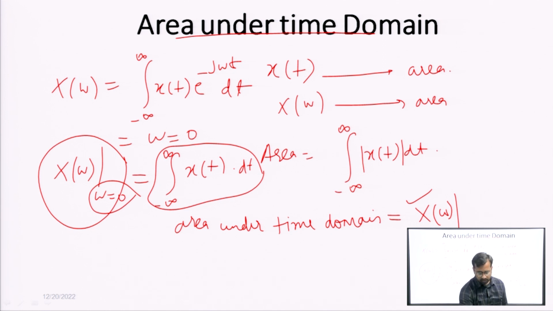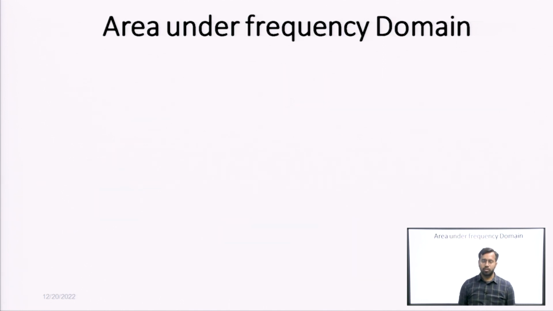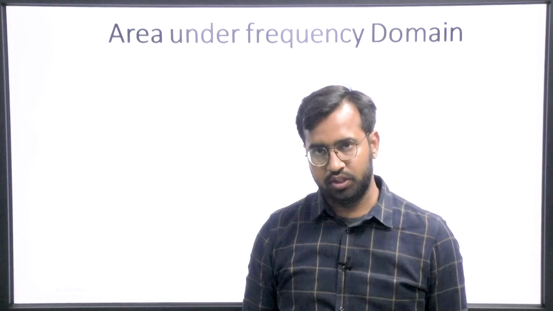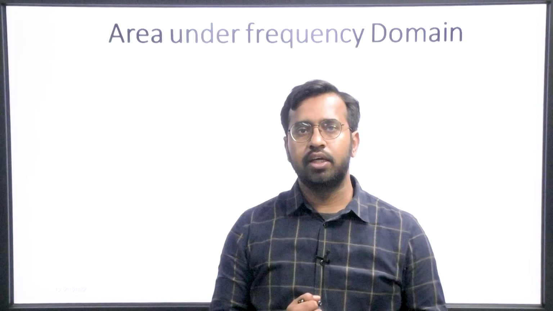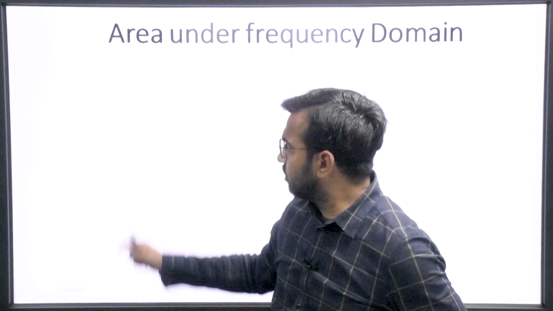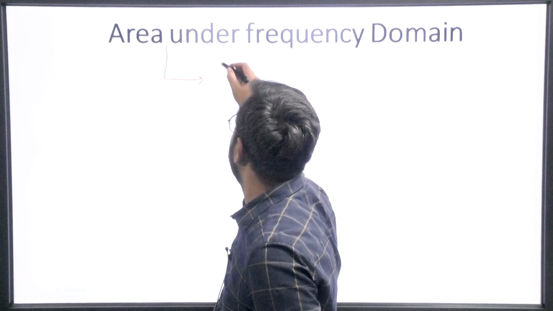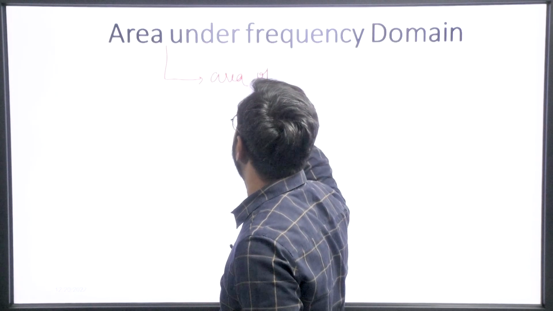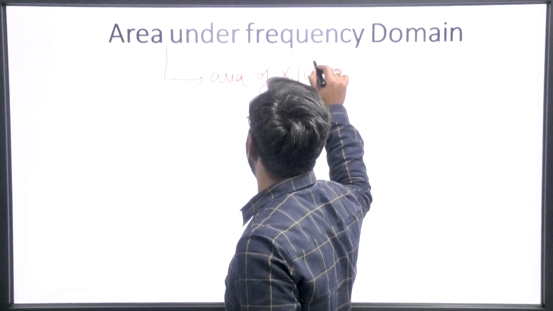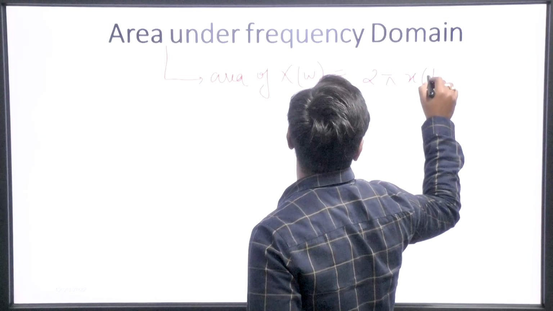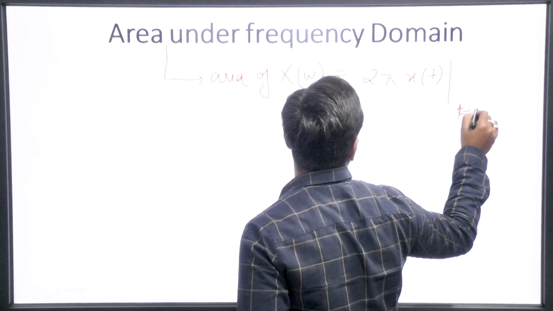Okay. Similarly, we have the area under the frequency domain. If we have the Fourier transform of any function and we are required to find the area of that Fourier transform, then what will we do? The area under the frequency domain, that is the area of X(omega), is equal to 2 pi x(t) at t equal to 0.